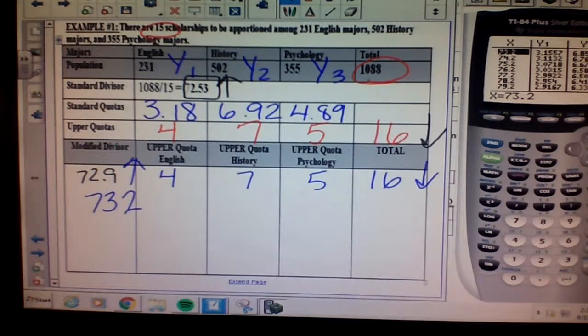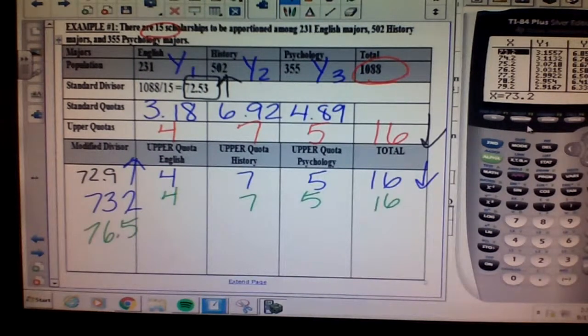Guess what? 4, 7, 5. Do we want to go 75 or do you want to go to 78? 76, in the middle. 76.5. Okay.